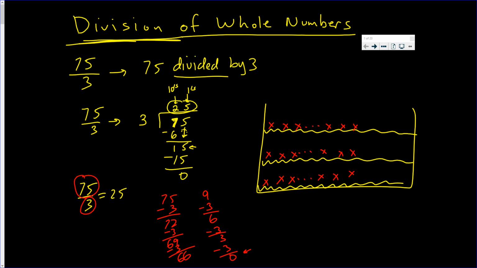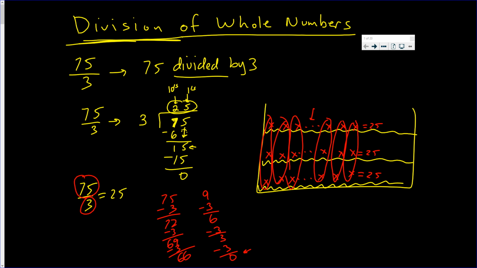How many are in each row? 25, 25, 25. Because we keep pulling off 3 at a time. 3, another 3, another 3, some more 3s in here. Then the last few 3s, another 3, and then the last 3.